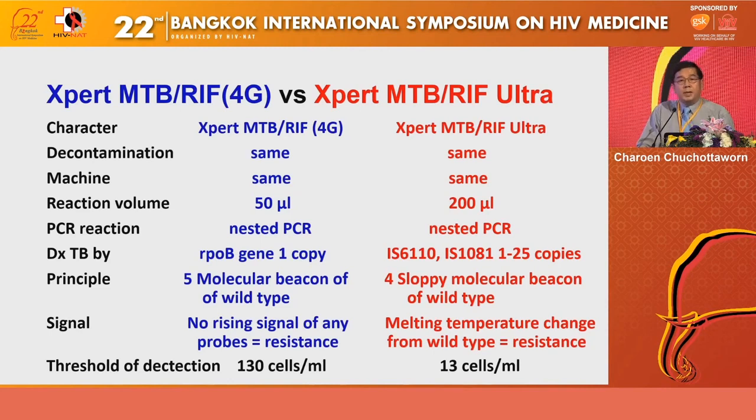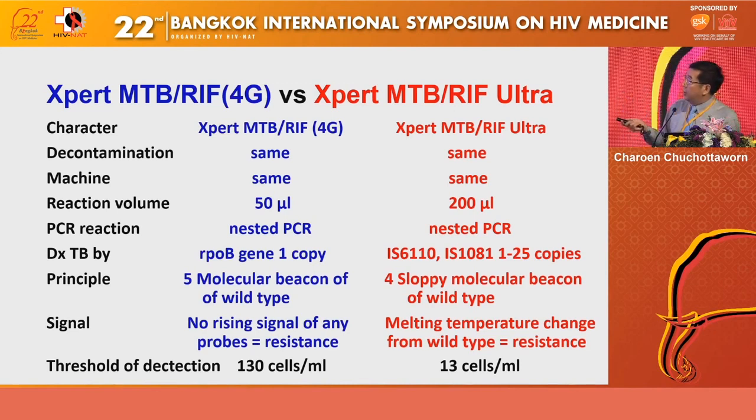So they improved the sensitivity of the test by using new primers to detect IS6110 and IS1081, which have many more than one copy, 1 to 25 copies in one mycobacterium. So it means that we increase the target to detect the DNA.